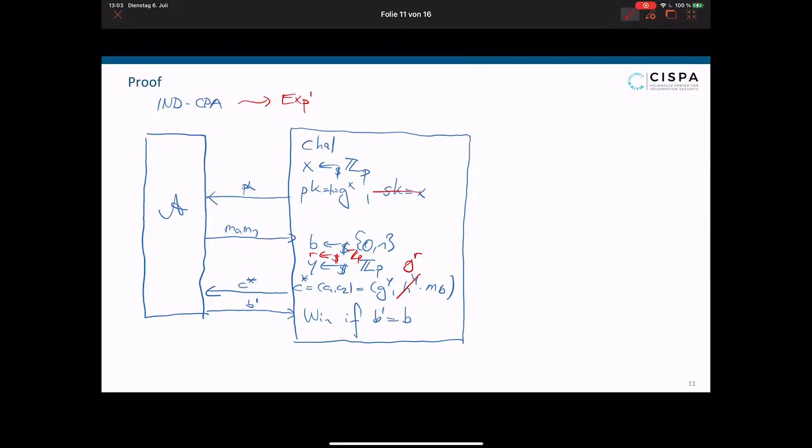So let's try to do this together. In this modified experiment X prime, what would you intuitively think is the winning probability of the adversary? So how easy or how hard is it to win this modified experiment X prime?